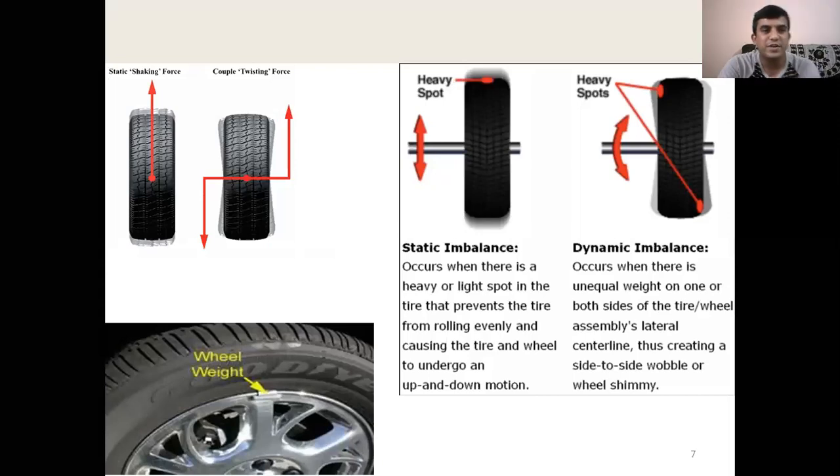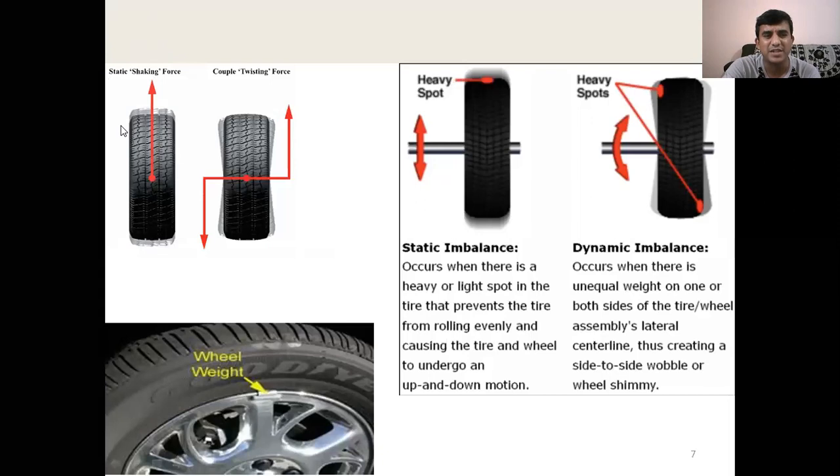Now if you go for static balancing, you can see the tire in its original shape. If it is statically unbalanced, the wheel will move in the vertical direction, up and down.